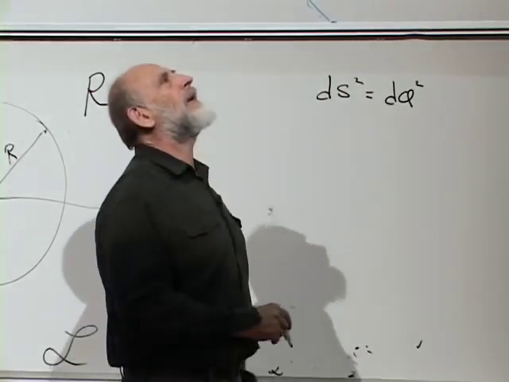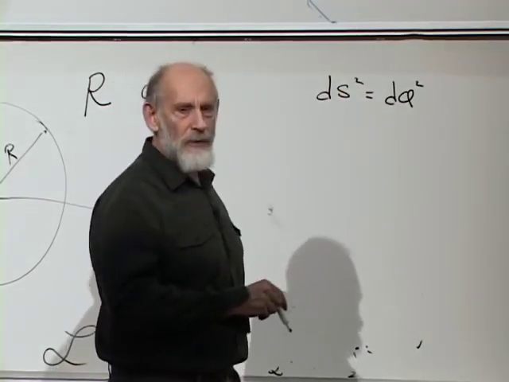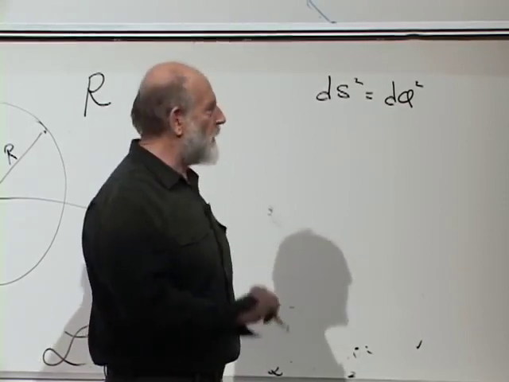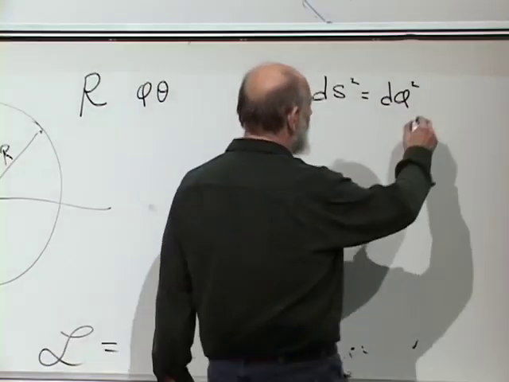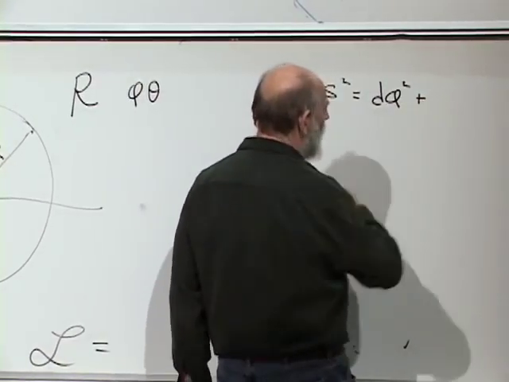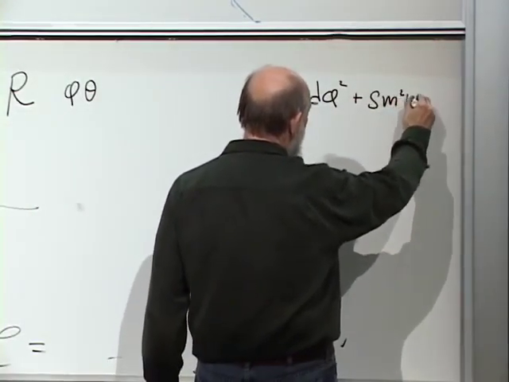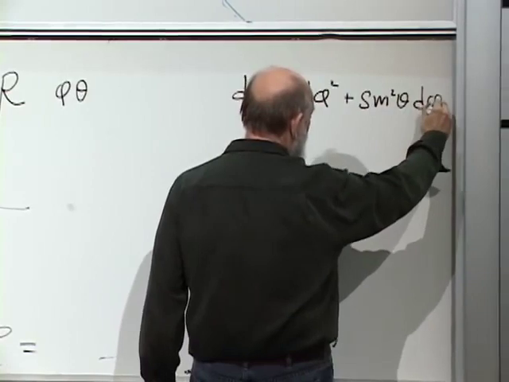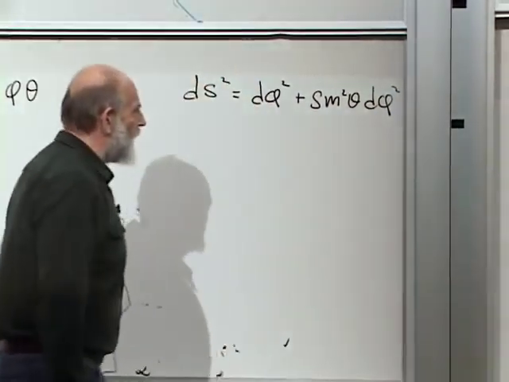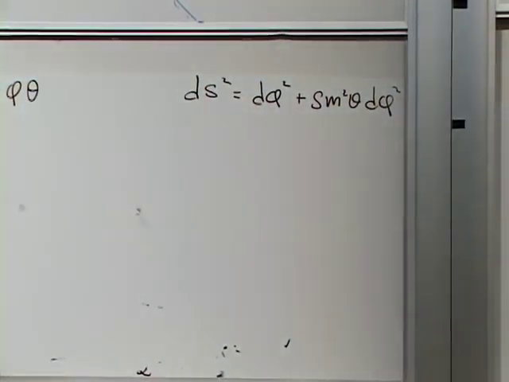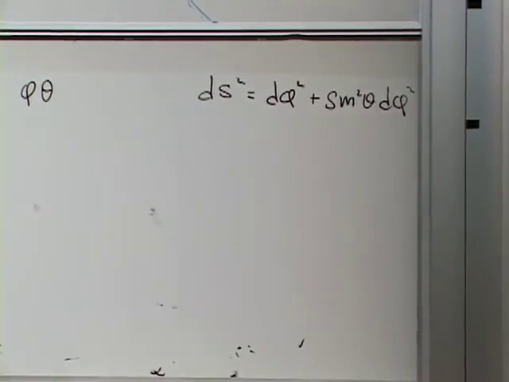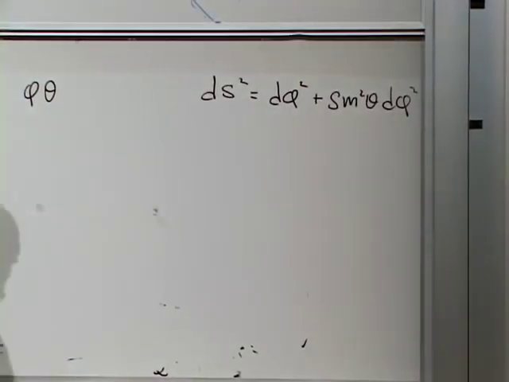Okay, so angle from the North Pole. Okay, if it's angle from the North Pole, then we get sine squared theta d phi squared. And I'm not going to explain that. I'm going to let you work that out. That's the metric on a sphere. Okay?